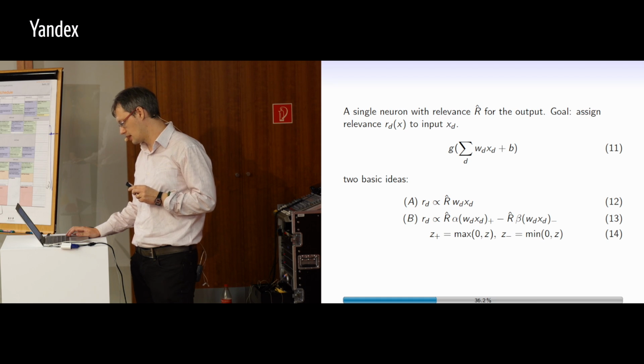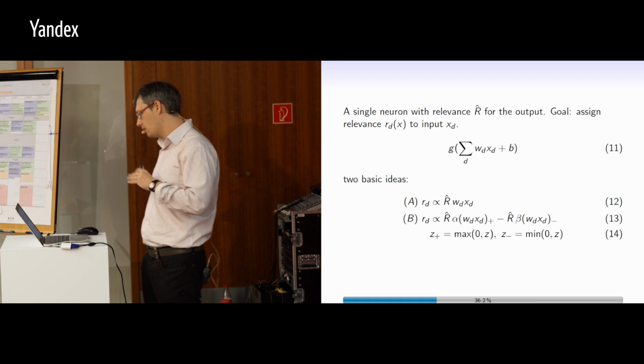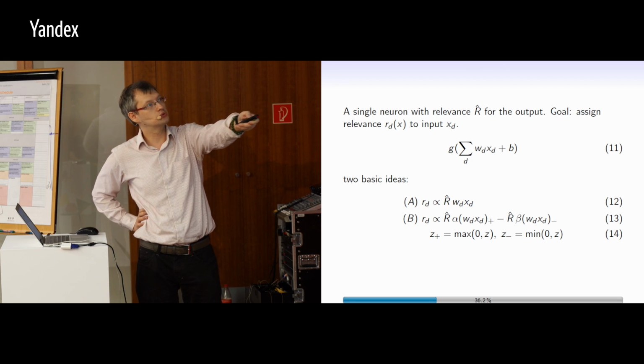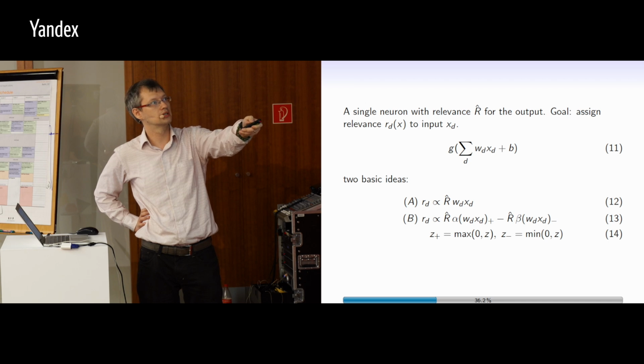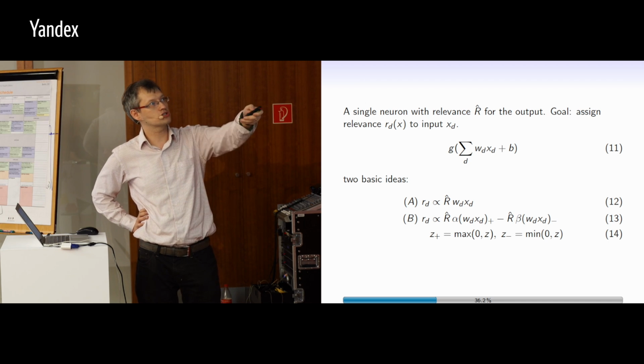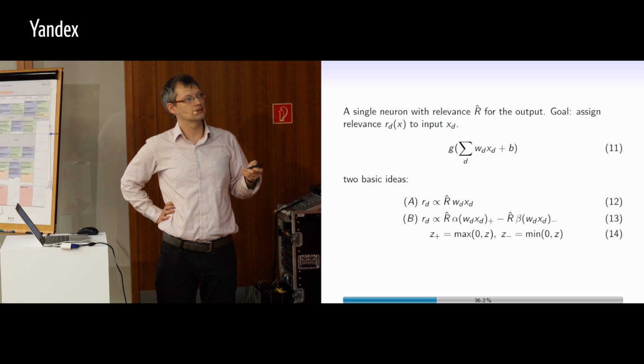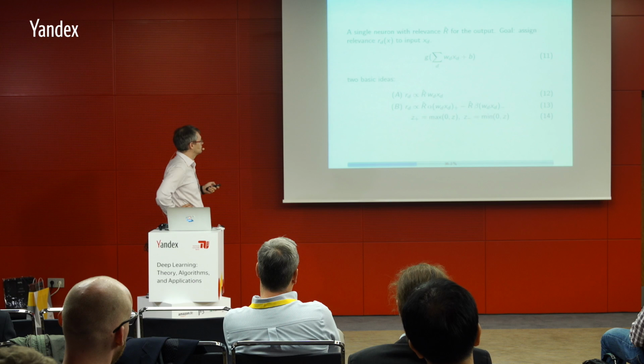Okay. And when you put all these inputs together and you want to derive relevance for such a thing, which is linear plus bias, affine, plus a nonlinear activation function which is monotonically non-decreasing, then one ended up very quickly with two basic ideas for the relevance.